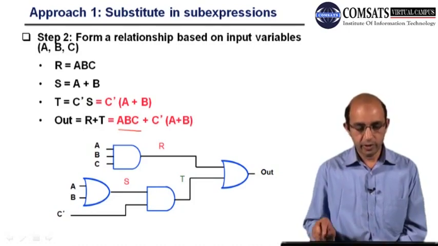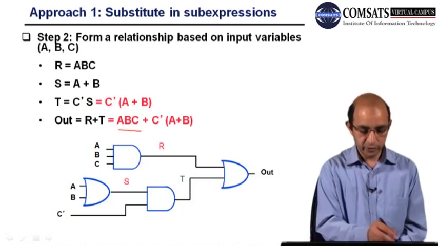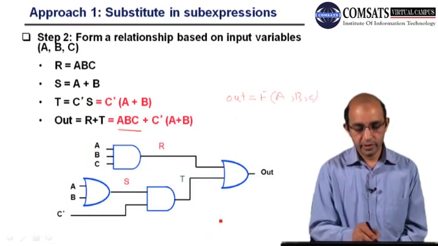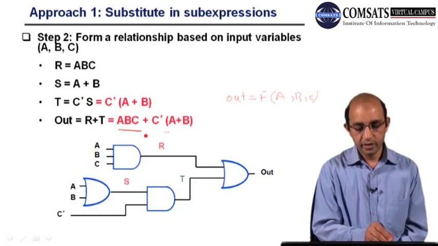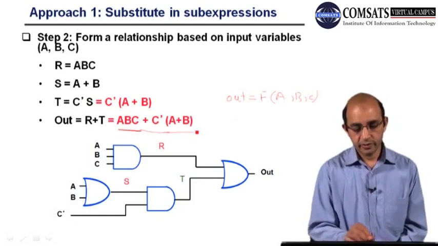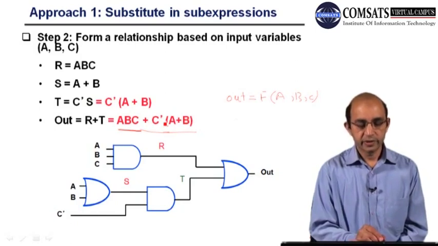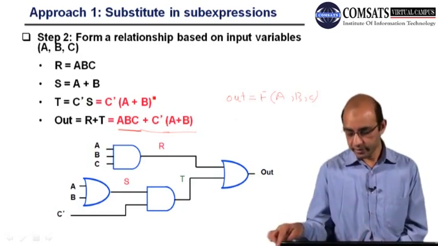So now we can say that the output is a function of A, B, and C. Over here we have only ABCs: ABC with an AND operation, then the OR operation between A and B, and this is ended with C complement.